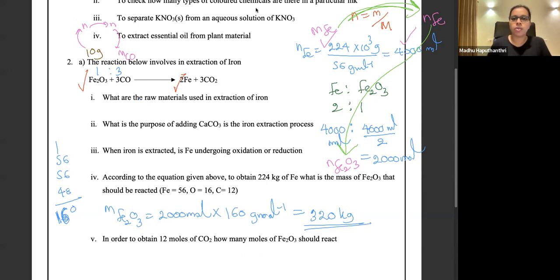So finally, we have come to the mass of Fe2O3. See, I went through the number of moles. We started from here, mass of Fe. Mass of Fe cannot be directly related to mass of Fe2O3 because masses are not directly relatable. We have to go through the number of moles. See, mass of Fe, moles of Fe, that to the other's number of moles, then finally we are at the mass. Is that concept understood? Can you see the roadmap clearly?